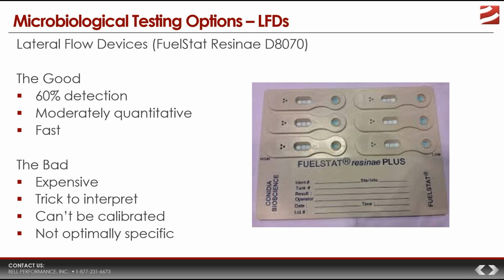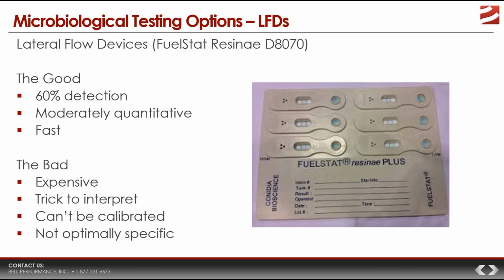Another big advantage over culture tests with these is that you can execute an LFD test and get results back in between 5 and 10 minutes, not 3 to 5 days, 5 to 10 minutes. That is a major advantage, a major check mark in its favor, so to speak.